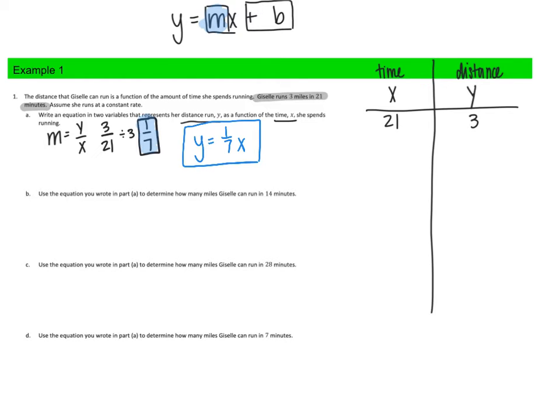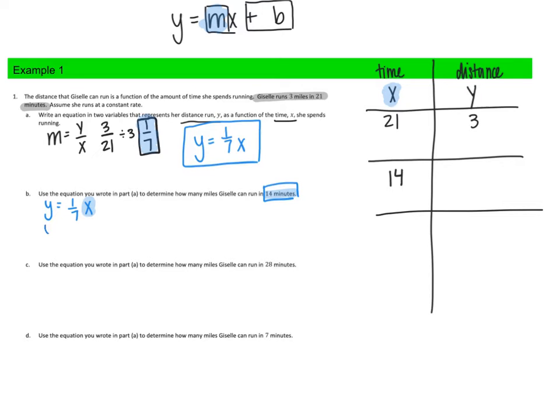Okay, moving on to part B. It says use that equation to determine how many miles she can run in 14 minutes. So now I have 14 minutes here, and I'm trying to figure out how far can she run. What's the distance she can run? So I'm going to take that equation I wrote, y equals 1/7 x, and I'm going to multiply it by my new x, which is 14 minutes. So again, minutes is our x, because that's time. So I'm going to be changing this x to a 14.